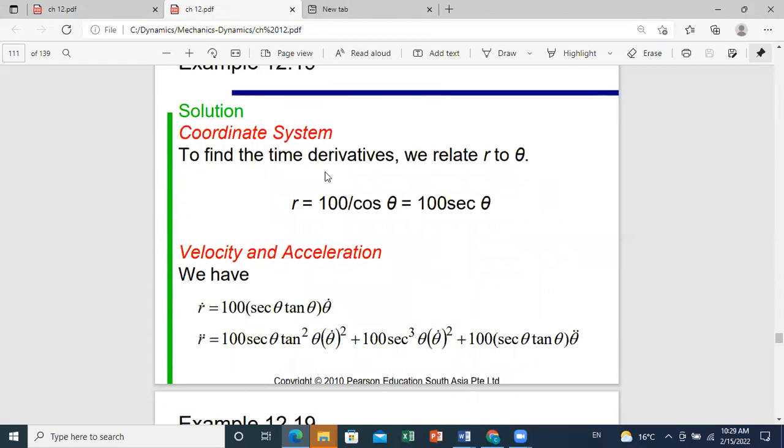From the beginning, don't take cosine theta to the other side to get secant of theta, because then you have to know the derivative of secant of theta to proceed. So always try to derive the easiest form to avoid complex calculations. And of course, at the end, you will get exactly the same result.